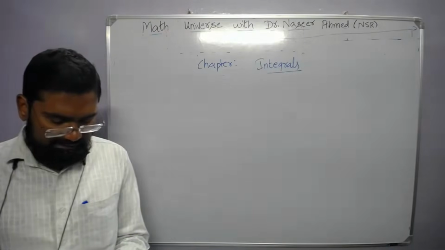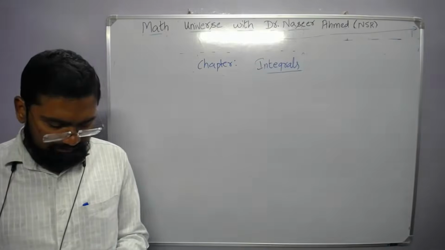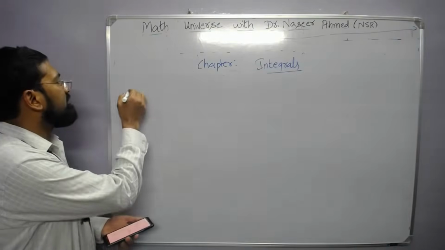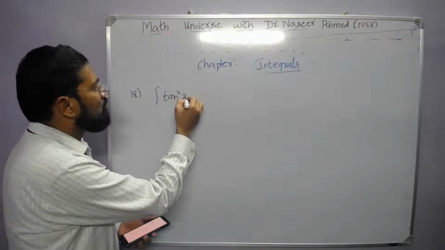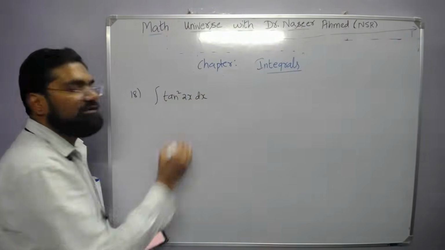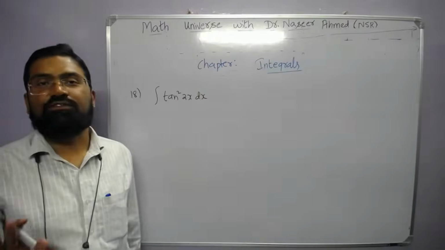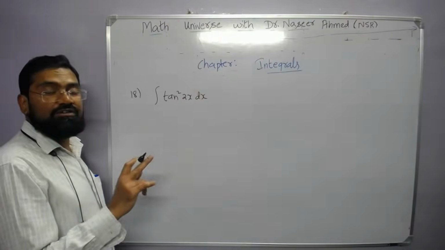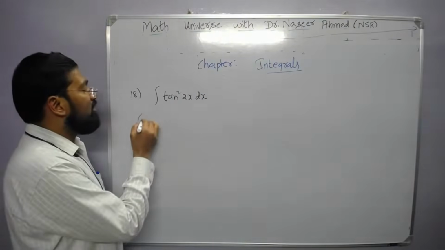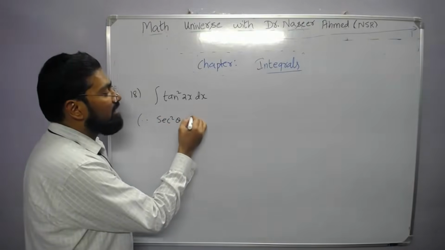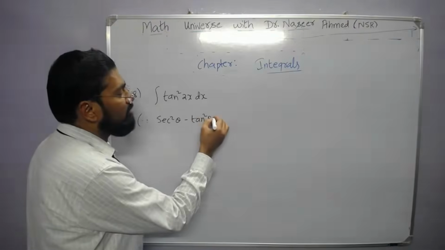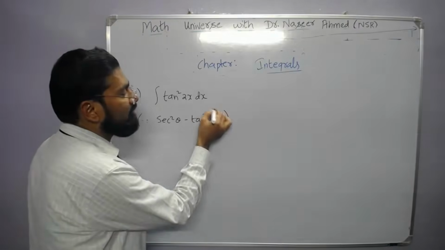Now let us move on to the next problem. Question number 18 is integration of tan squared 2x dx. I have to integrate this. We know the integration of secant square. Since the integration of secant square x is tan x, recall we have a formula: secant square theta minus tan square theta is equal to 1. So solve for tan square, transpose this.